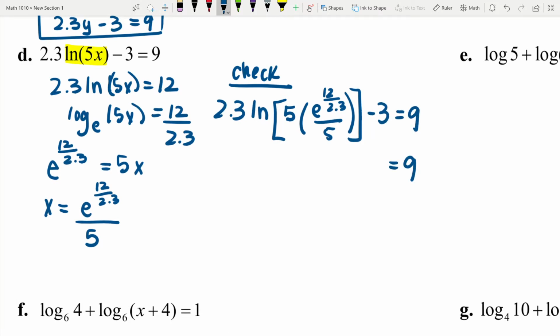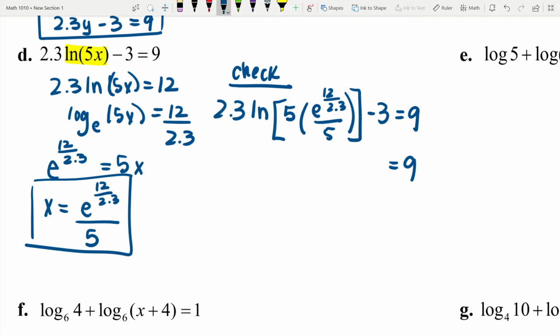Okay? Now I'm going to show you a quick and easy way to do this. So everybody grab your calculator and stay right with me. We're going to put this guy right here in our calculator, and we're going to store him. Everybody hit second ln, and then go 12 divide 2.3, close it, divide 5. Now don't hit enter. Hit store, and then hit enter.